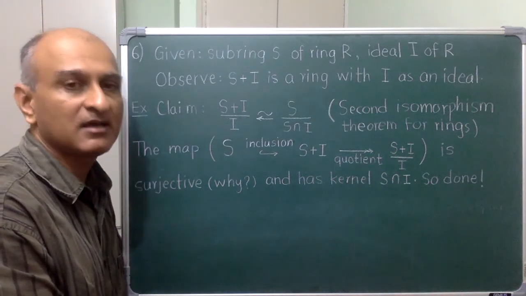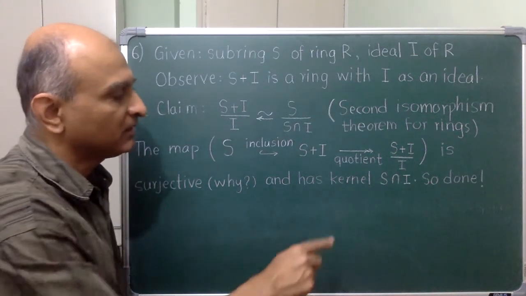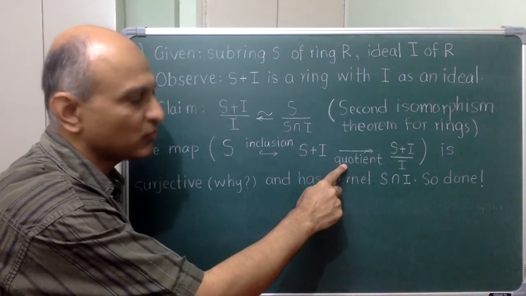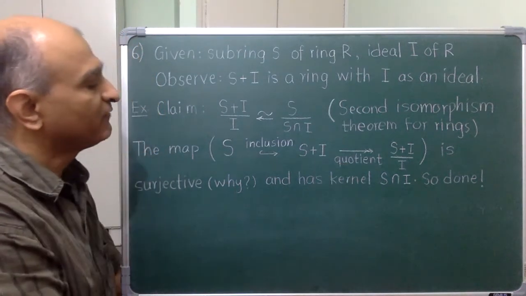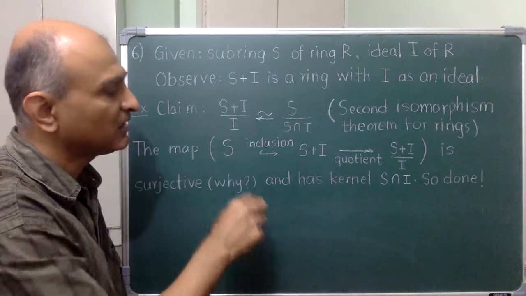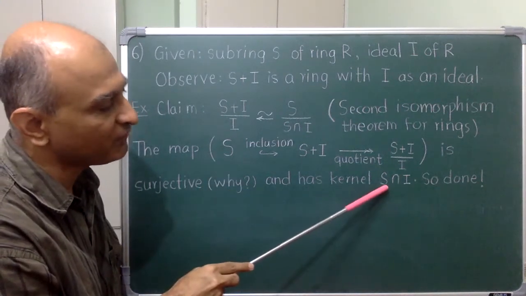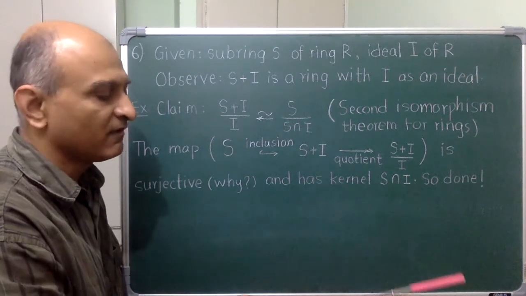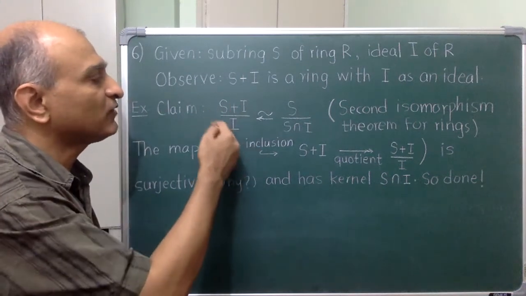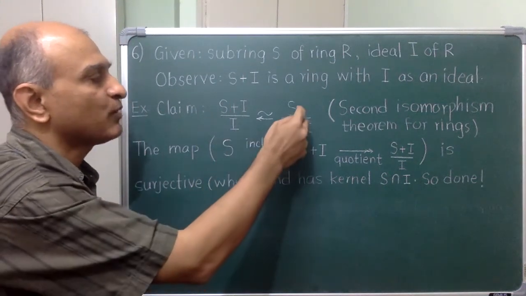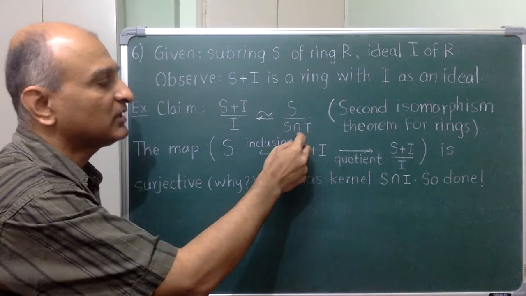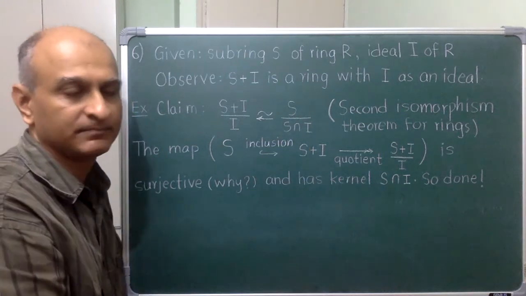Next, let's see the kernel of the composite map. The kernel of the quotient is of course I. So when restricted to S, the kernel is just the intersection of S with I. Finally, the image of the composite map is isomorphic to source modulo the kernel, and I am done.